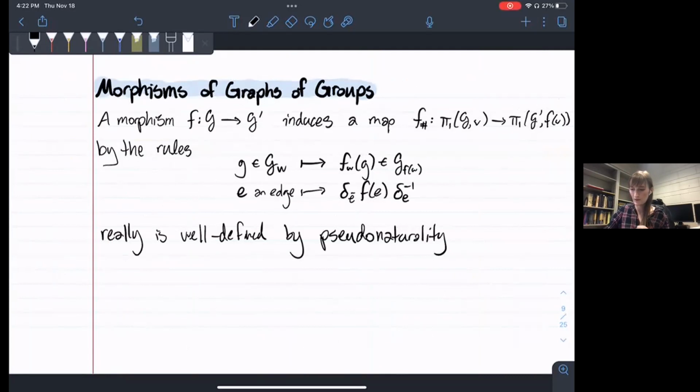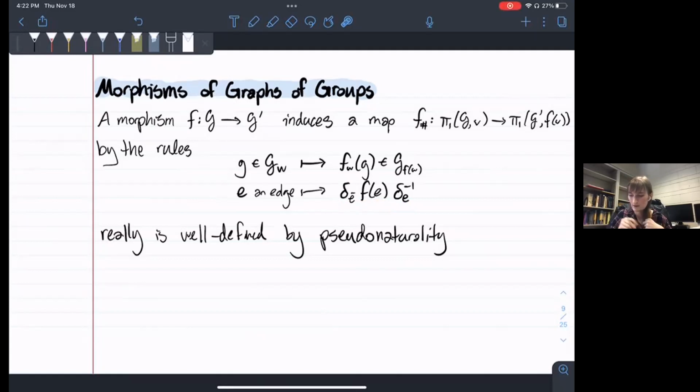But first, the thing to observe is that a morphism of graphs of groups induces a homomorphism of fundamental groups by the rules. If I have an element of a vertex group, it gets sent to the image of that element under the map F sub W. And if I have an edge, it gets sent to the image of that edge, followed by the twisting elements, delta sub E bar and delta sub E inverse.